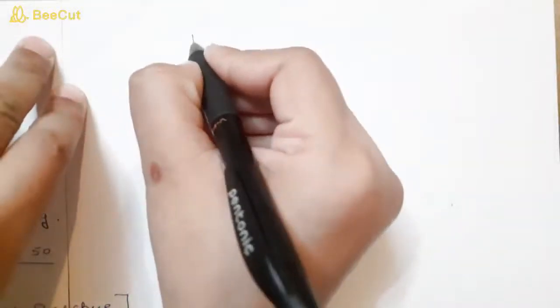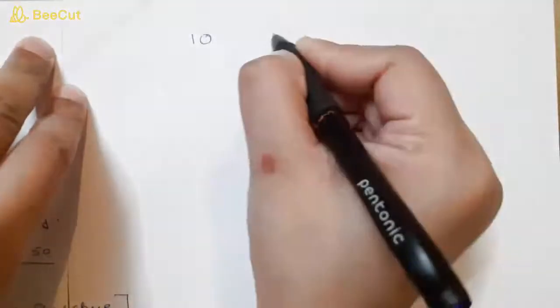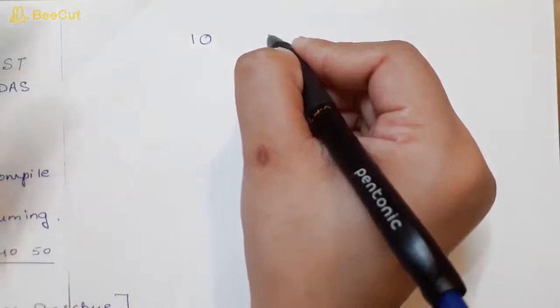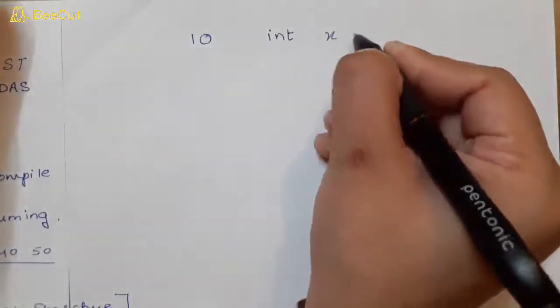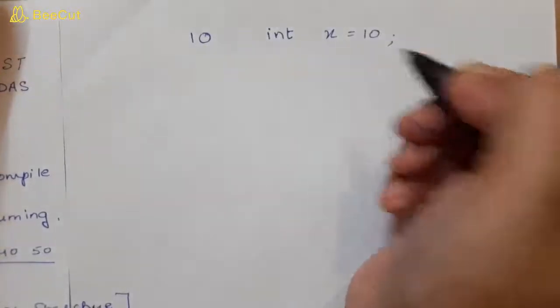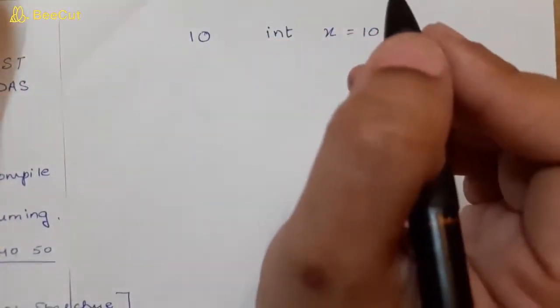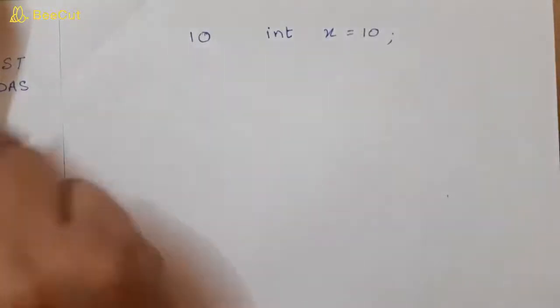If I want to store 10, then normally what do I do? To store this value, I take int x equals 10. Like this, I can store the number 10 because this is an integer.